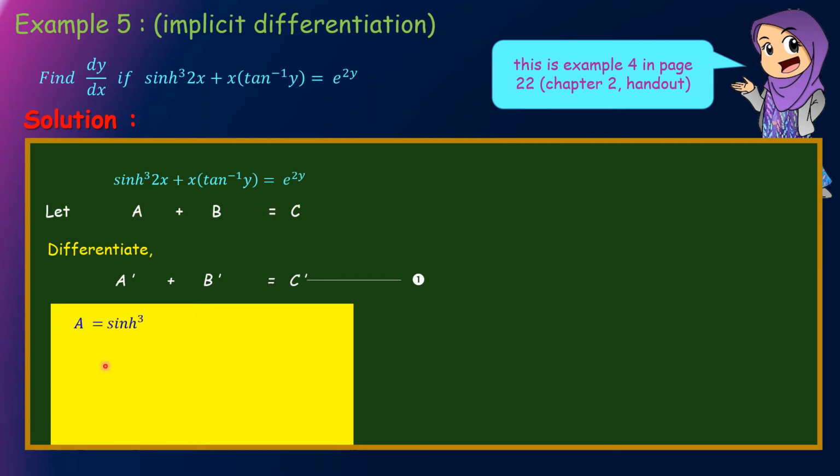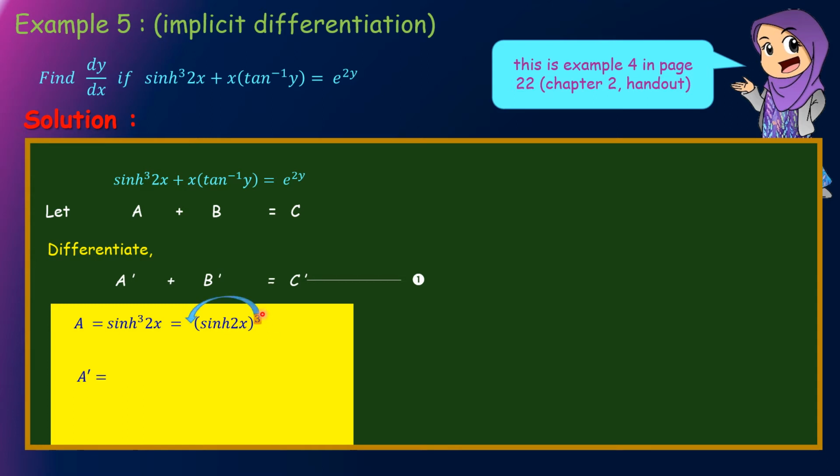Okay. So our a is sinh cube 2x. And we can write it in the form of bracket sinh 2x cube to easily differentiate. Every time we have a bracket and the power of n, we can differentiate using the generalized power rule. We differentiate a, so the symbol is a prime. To differentiate sinh 2x cube, we use the generalized power rule.